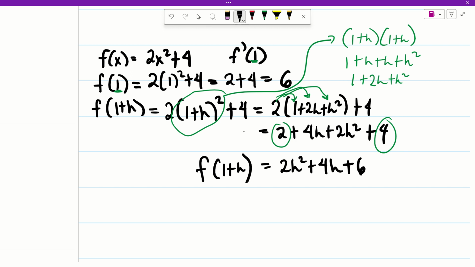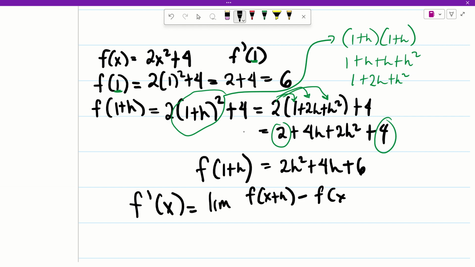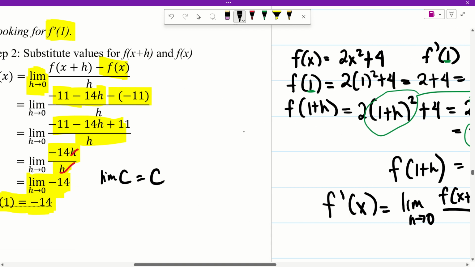To get the derivative of the function, we take the limit of f of x plus h minus f of x over h as h approaches 0. Is this correct? Yes.